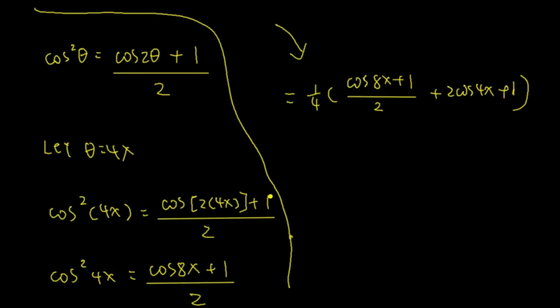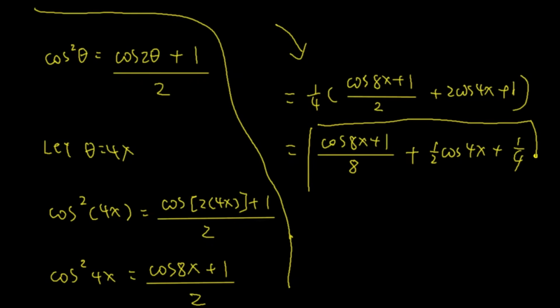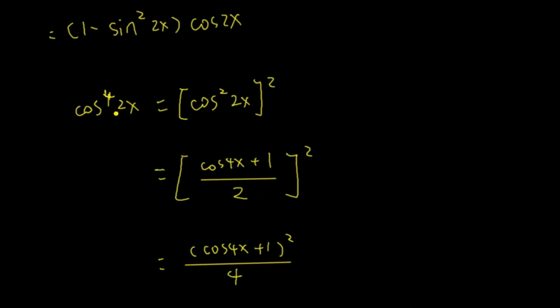Now, let me distribute the 1 over 4 to each term. That is (cosine 8x plus 1) over 8, plus 1/2 cosine 4x, plus 1/4. 1 times 1/4 is 1/4. Okay, that is cosine to the fourth 2x.